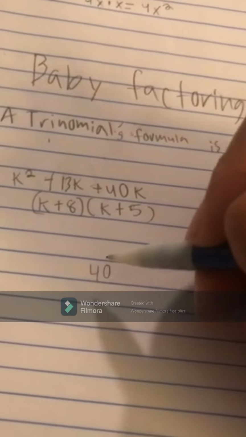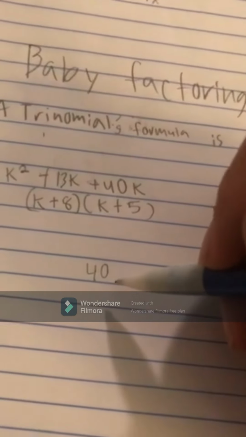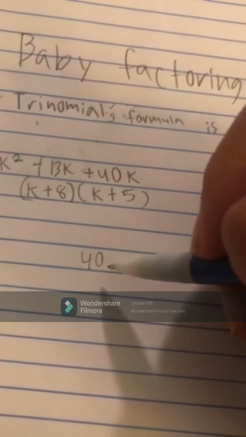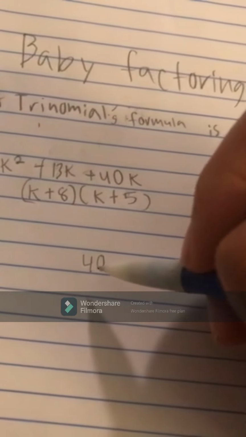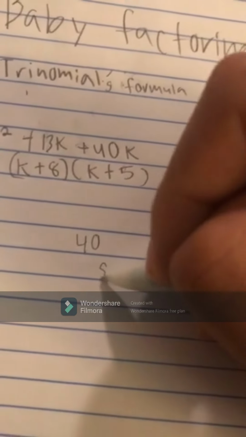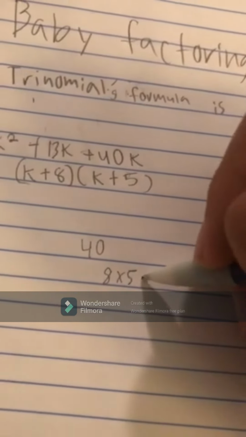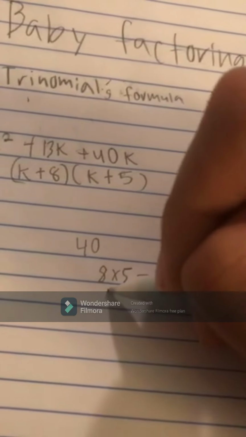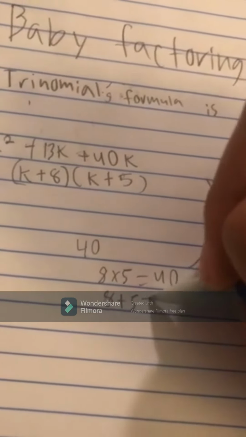So in this problem you would get 13, you get 40, and you would try to find what goes into 40 that you can add to get 13. So we would find 8 times 5 equals 40, and 8 plus 5 equals 13.